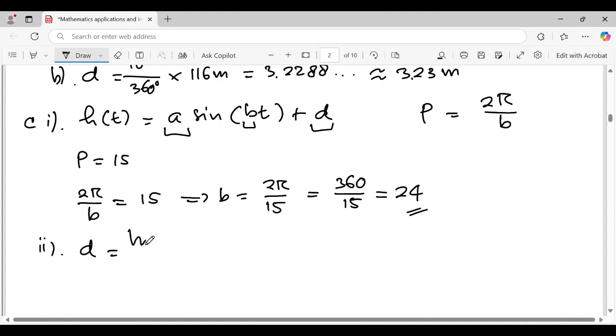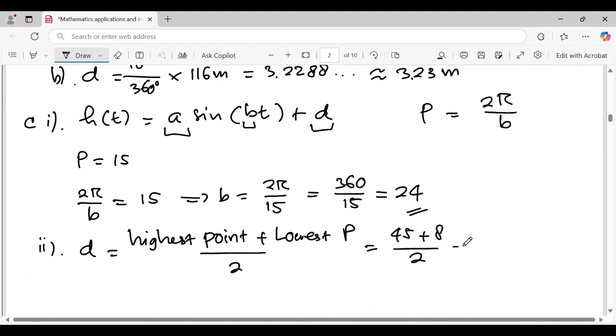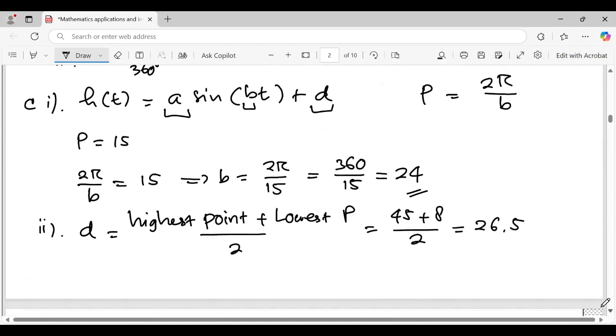Part 2. d is the highest point plus the lowest point divided by 2. So 45 plus 8 divided by 2 equals 26.5. So we have to determine first r, the radius. The radius is 18.5, and the value of the radius is the value of a.